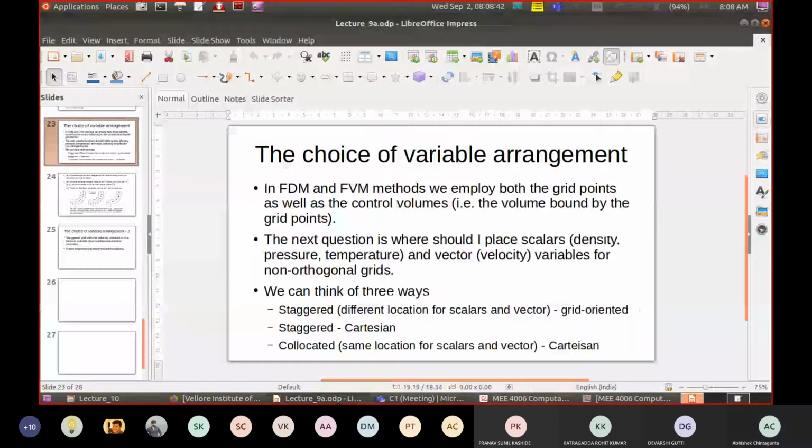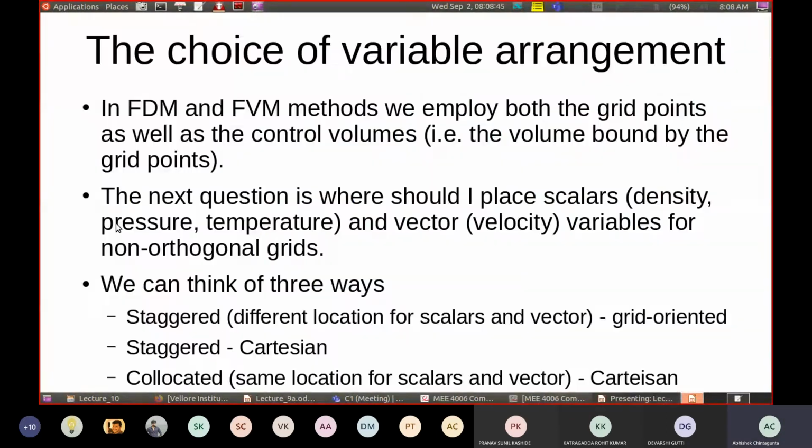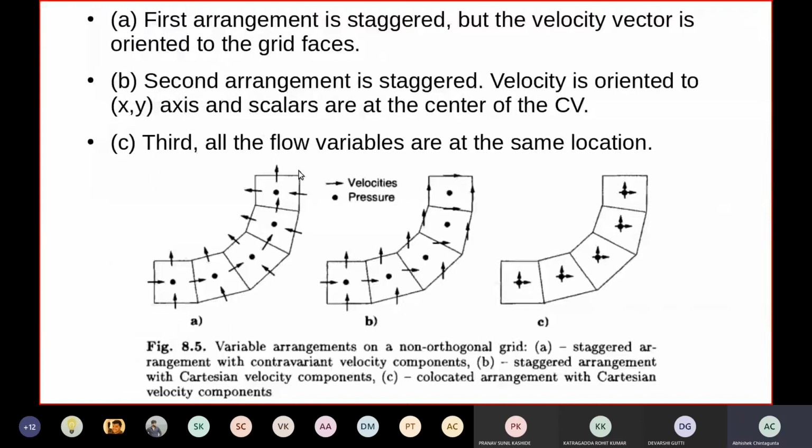So that's why we can choose. The first choice of putting velocities and pressure is that you can keep velocity and pressure at the same location. Figure C here. So what is happening here? Pressure and velocity are co-located, a co-located arrangement with Cartesian velocity components.